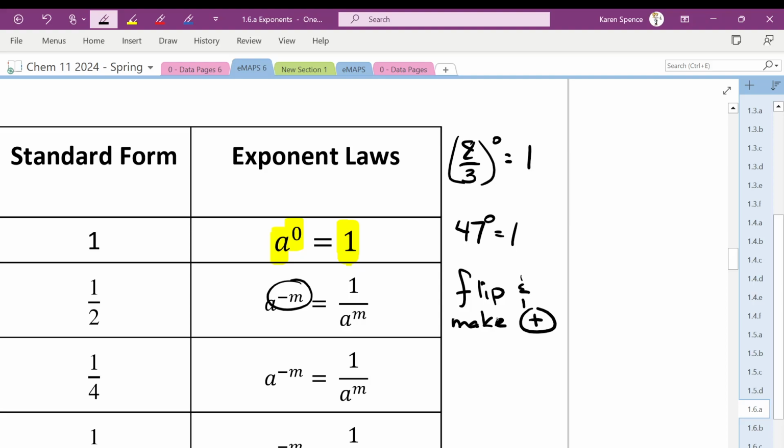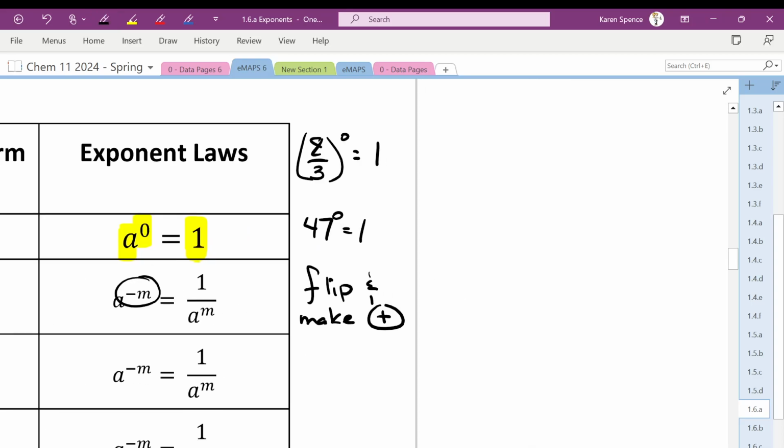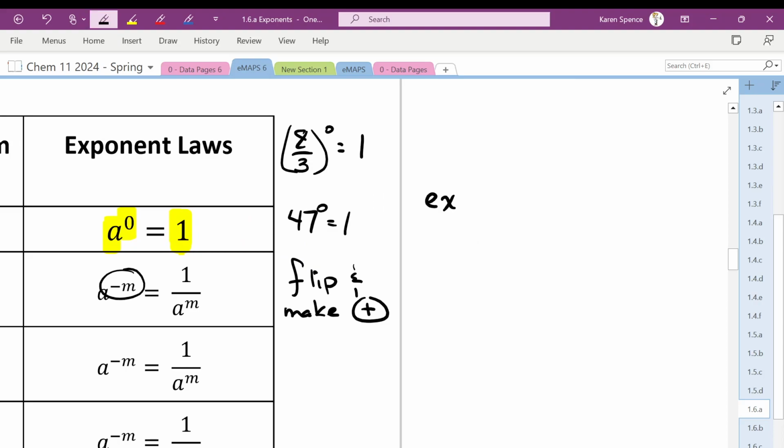So what that's going to look like, let's say we had, for example, and these examples are in your book, so you don't have to write them down, 2 to the negative 1, we're going to flip that upside down.